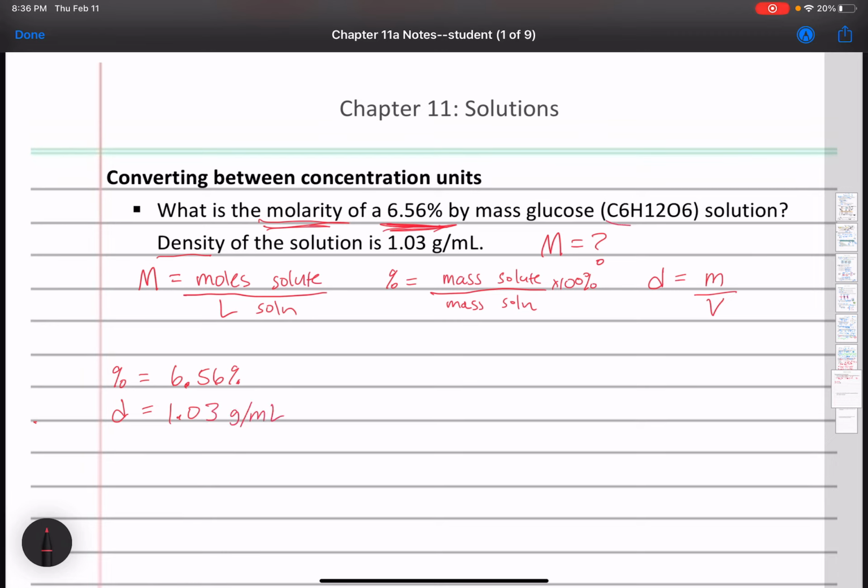I'm given a formula, so I also can figure out the molar mass of glucose, and it's 180.24 grams per mole. So that's what I have.